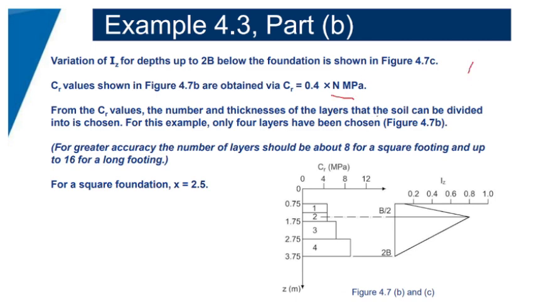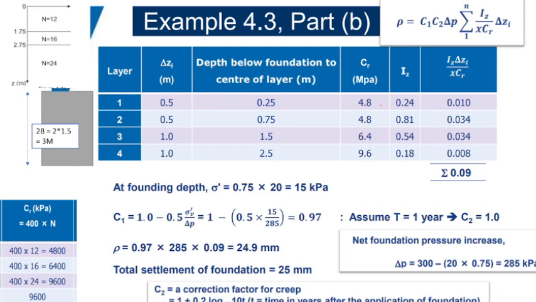Now since we already redrew this one, let us go to this table. These are the layers. This corresponds to a total of 3 meters, which is 2B, right? B is 1.5, so 2B is 3 meters.